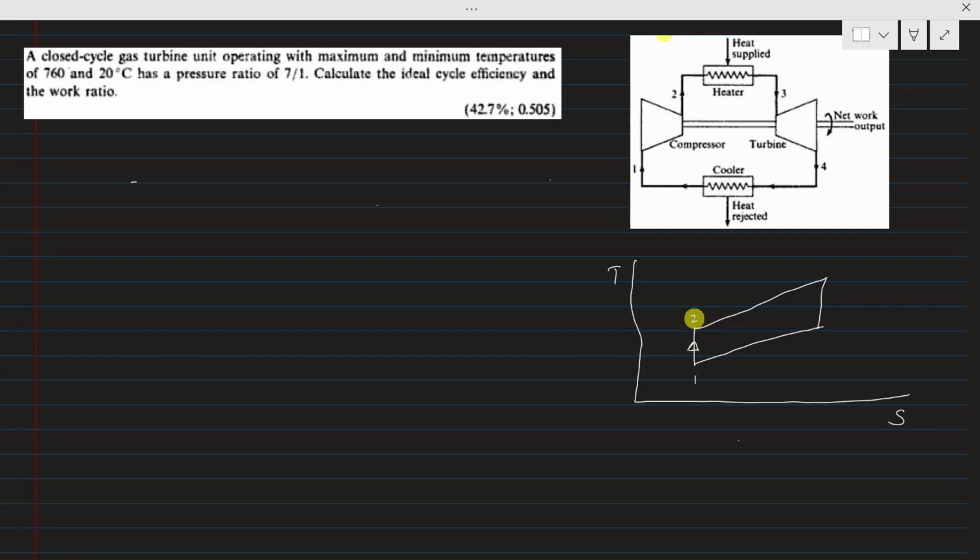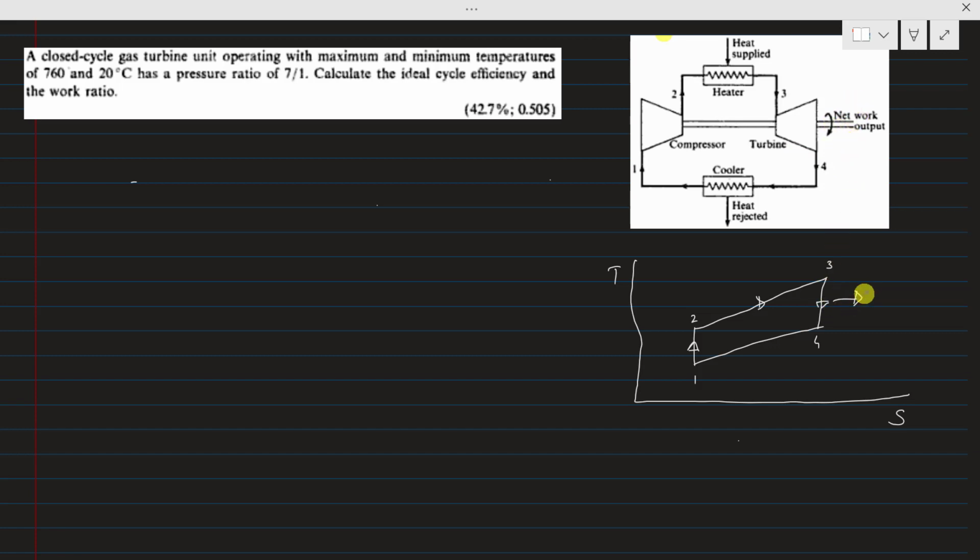The process from 2 to 3 is the constant pressure heat addition process. And 3 to 4 is isentropic expansion, done with the help of the turbine, and it delivers the work output.